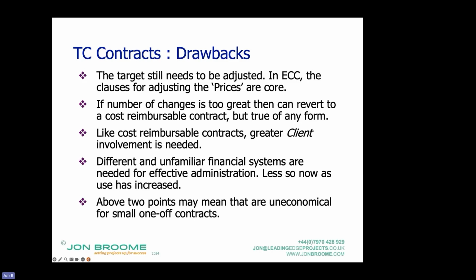Yes, there is a joint incentive to make savings, but you still need to manage the prices through compensation events. And people forget that if you don't sort out stuff pre-contract, and the change or whatever comes under a compensation event heading, it is a compensation event. Not, oh, we'll just sort it out because we're working together.